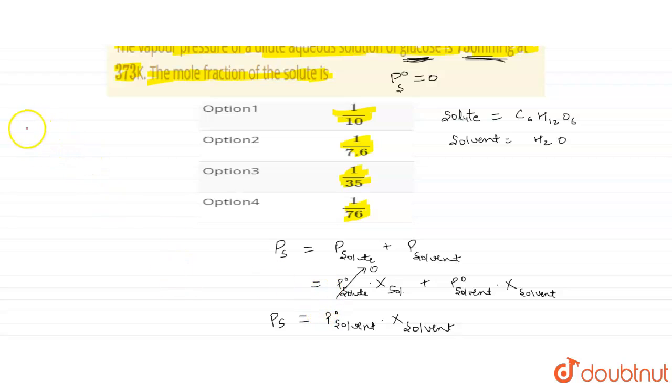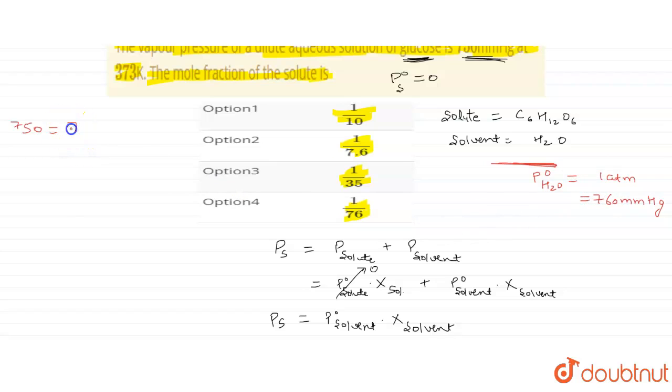I hope you guys are understanding it. So I am solving it here further. The vapor pressure of the solution, we have been given, is 750 mm of Hg. It is equal to the vapor pressure of solvent in pure state. We have solvent as water. And we all know the vapor pressure of solvent, that is P naught H2O in pure state, will be 1 atm, or in mm of Hg, it will be 760 mm of Hg.